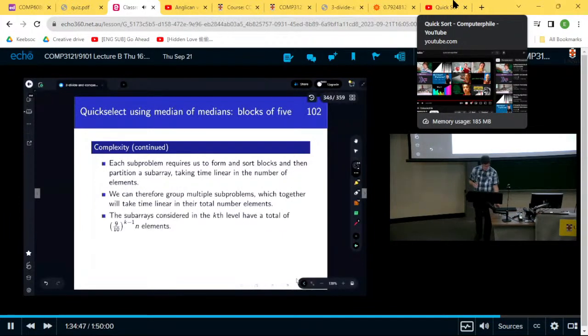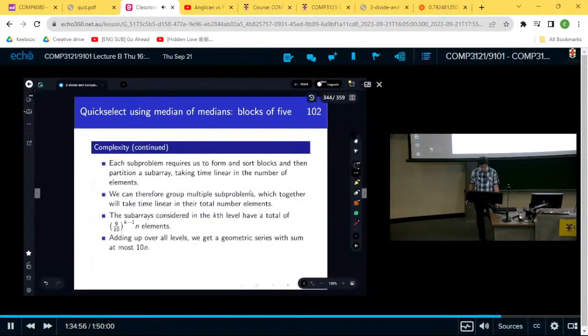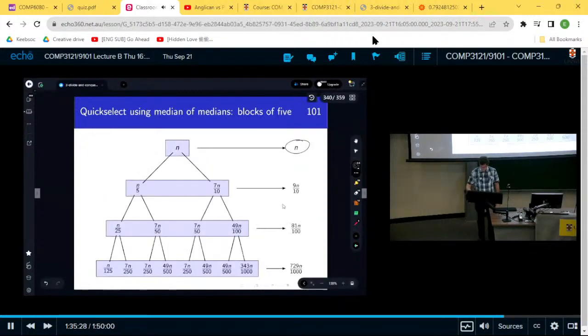But we group them together, so we look at the whole time that's needed for a whole level of the recursion tree each time. At the i-th level of the recursion tree, the number of elements in the subarrays that need to be considered is multiplied by some number smaller than 1, 9/10 at each level. So now the question is, what is the sum of these numbers?